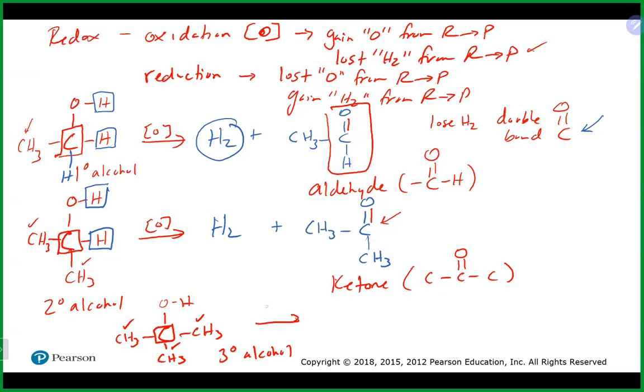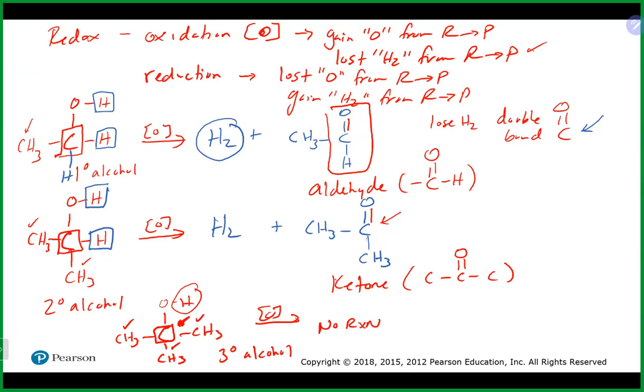When it goes through oxidation, we will get no reaction occurring. And we get no reaction because we do have 1 hydrogen here, but we are missing the crucial second hydrogen that is necessary there on the carbon. So because we do not have that second hydrogen here in the center to be lost so we can lose H2, this guy will not go through an oxidation reaction. Any questions on that there?